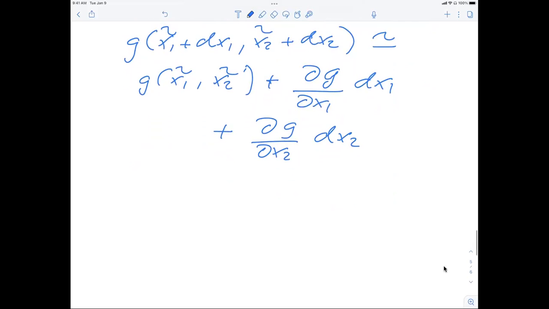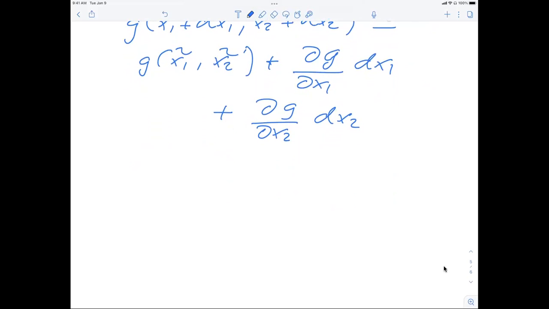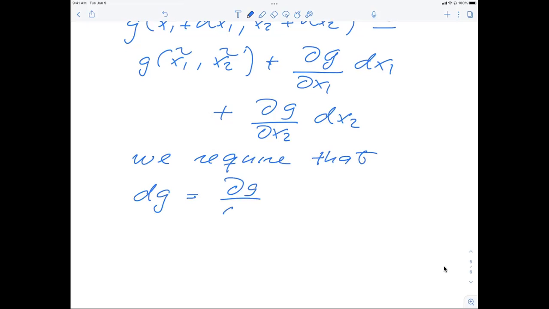So what we are going to assume now, since we are at the minimum, is that this function dg, which is now given by the partial derivative of g with respect to x1 times dx1 plus the partial derivative of g with respect to x2 times dx2, actually vanishes. Sorry, this should be multiplied with dx2.